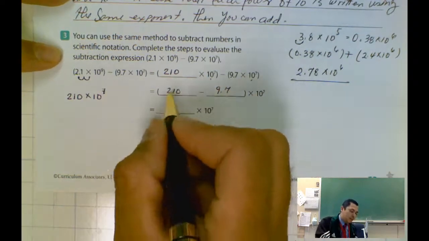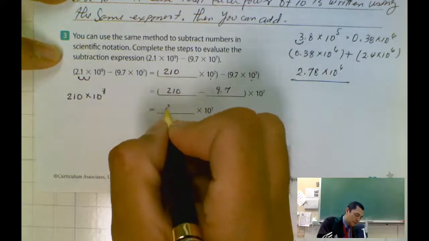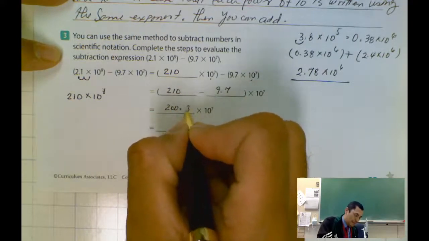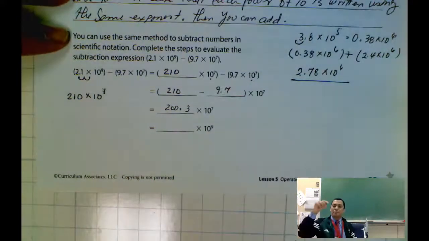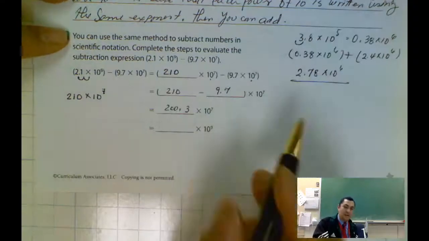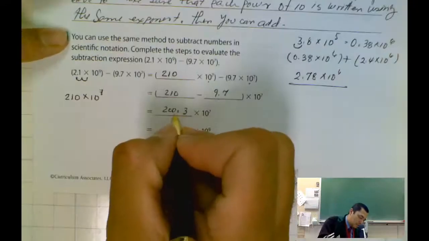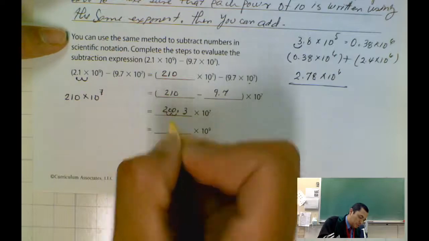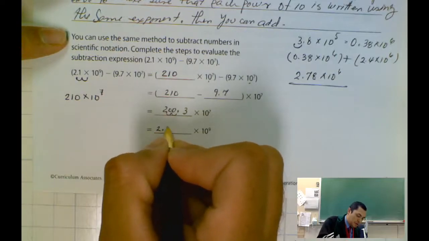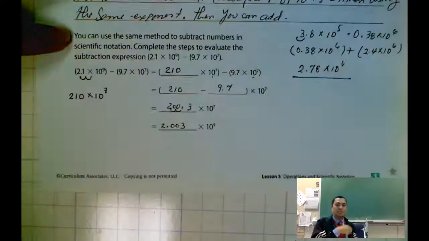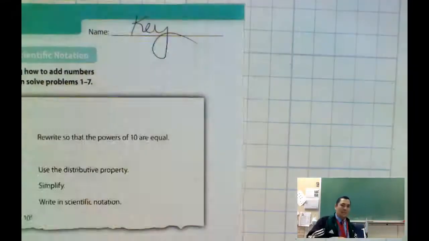And then 210 minus 9.7 is 200.3. Now, remember, we moved those back because we need it between 1 and less than 10. So we move this one 1, 2. So it's 2.003 times 10 to the 9. And we're done. Okay? That's the key.